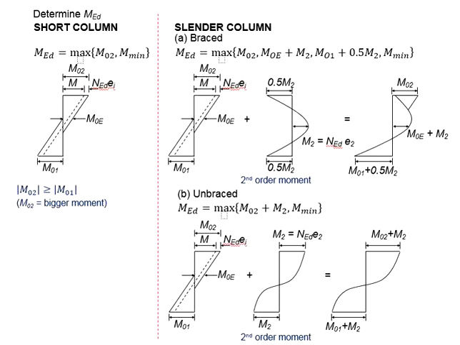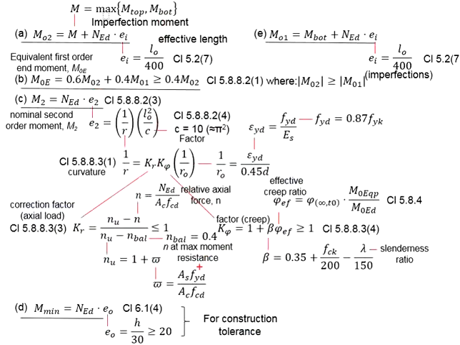However, this second order moment, specifically the M2 here, is calculated on the basis that we know the amount of reinforcement bar in the column. That brings you the first round of calculations of the M2. Since you don't know the amount of reinforcement in the column, it is not decided yet, then we will assume this KR, the correction factor, equals 1.0.